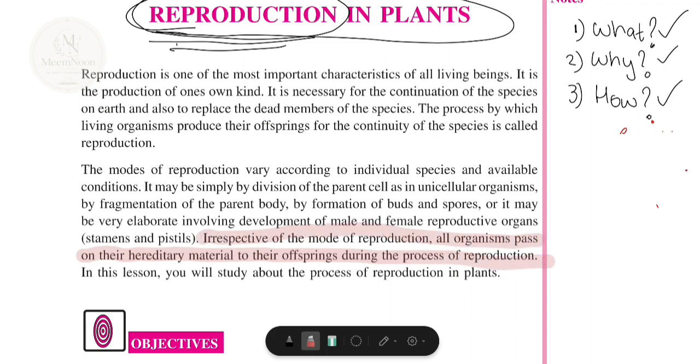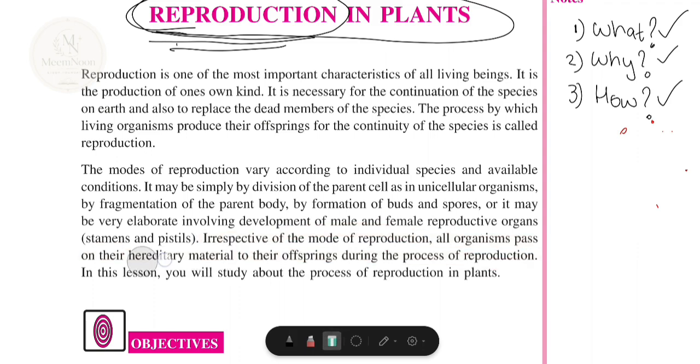Irrespective of the mode of reproduction, be it sexual or asexual, hereditary material is always passed down to the offspring, the children.